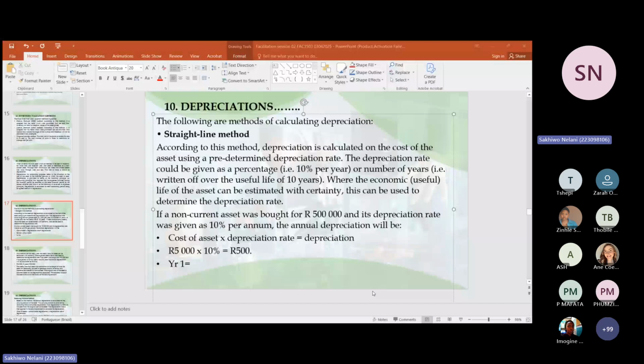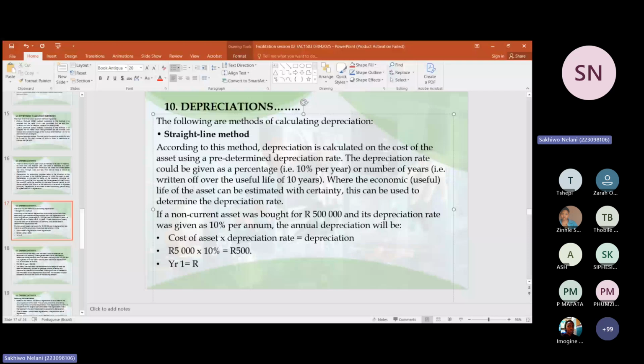What is the value of the asset after year one? So it's losing 50,000 per year based on the rate of depreciation. So after year one, it will be worth 450,000 rand.